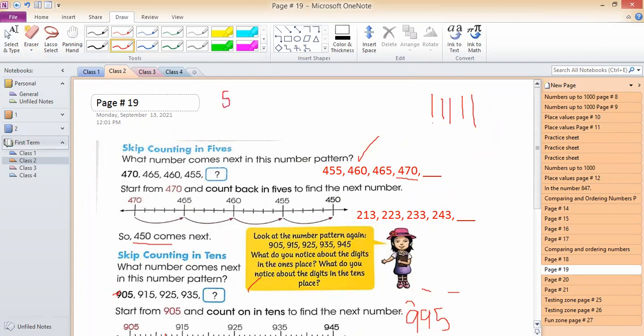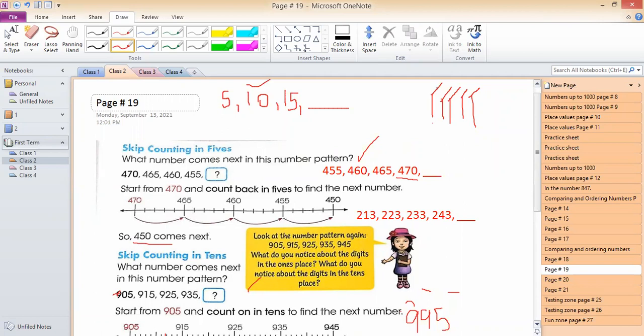5, 10, 15. What will come next? Okay, so look, 5, 6, 7, 8, 9, 10. After 5, when you count in fives, you get 10.